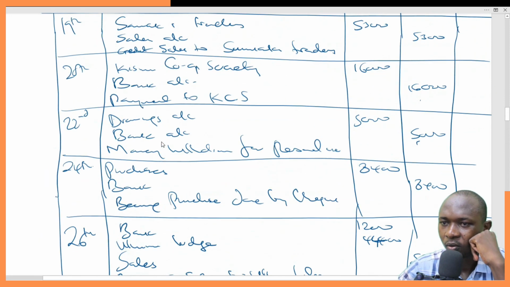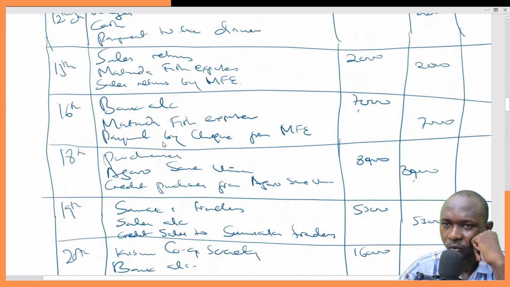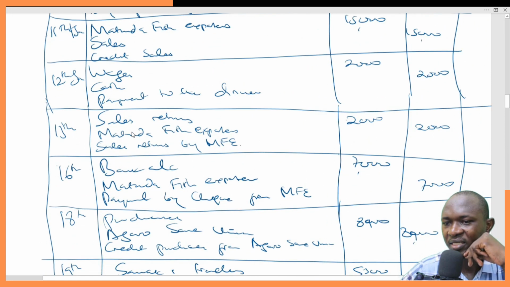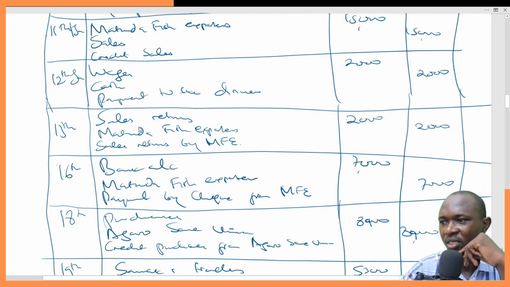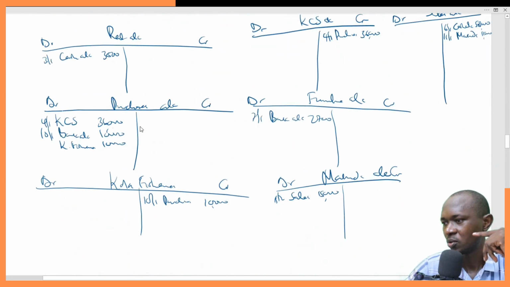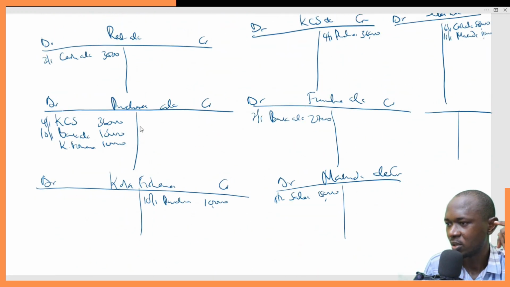12th, wages and cash. Debit wages, credit cash. Do we have wages account? We don't have wages account, so we open a wages account here. And wages is an expense, so credit, debit. Please say 12th January, cash account, because we paid by cash, that was 2,000.